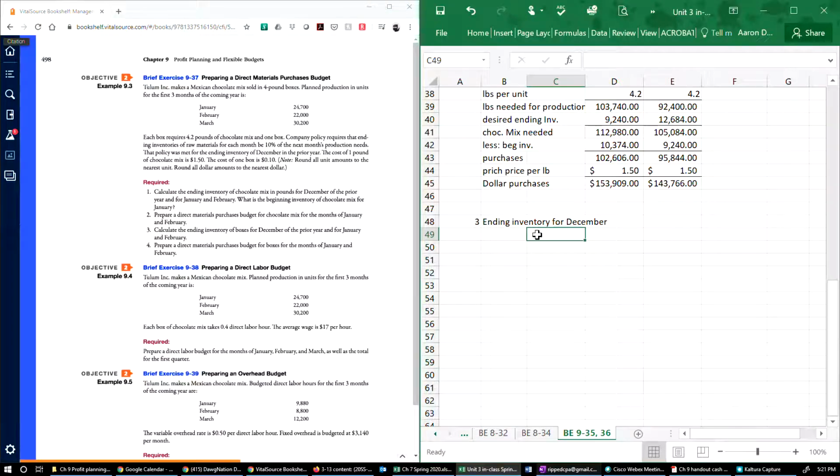So the ending inventory is going to look like this. The same 24,700, all right, that we had as production for January, times 10%. And that's all we'll really need to do, is take 10% of that number.